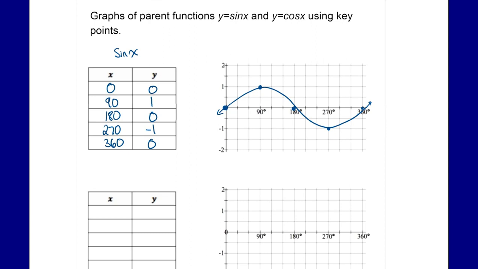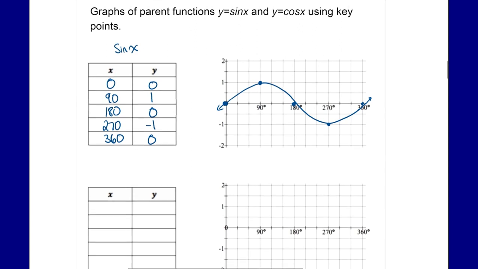It is a periodic function, so this starts to repeat. Basically every 90 degrees, we're going to see this repetition of going up to 1, back to 0, down to negative 1, back up to 0, up to 1, and so on and so on. So we really only need these 5 key points to help us with our transformations.